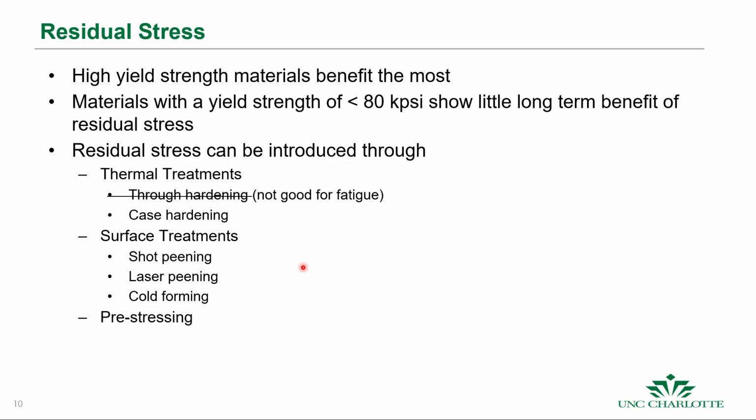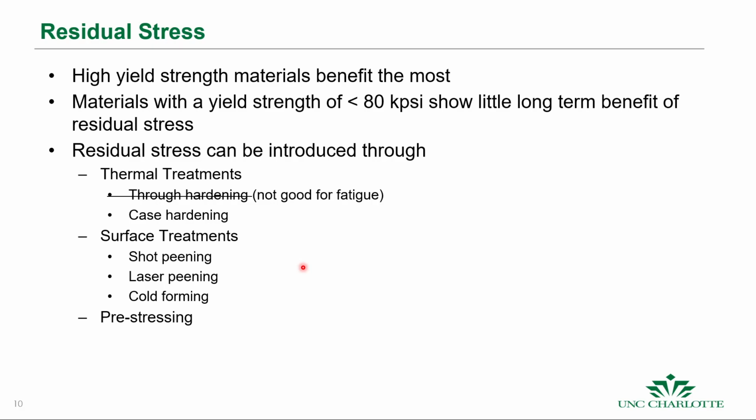Through hardening is where the entire microstructure of the material is changed throughout, versus case hardening where we're changing the properties of the metal on the outside surfaces. Through hardening is not so good because you make the entire material more brittle, so it's typically not good to do for fatigue. Case hardening, on the other hand, can introduce those compressive stresses just at the surface.